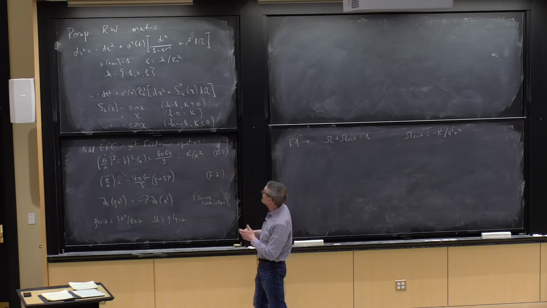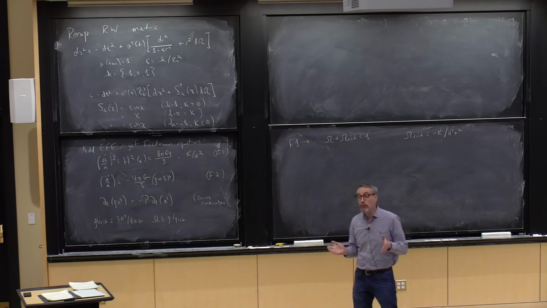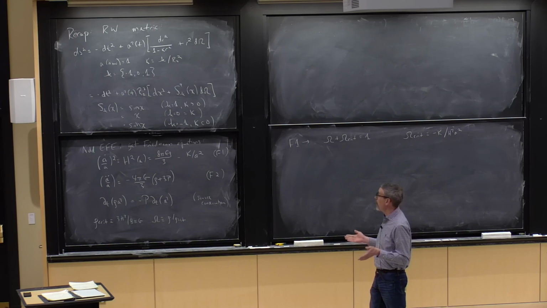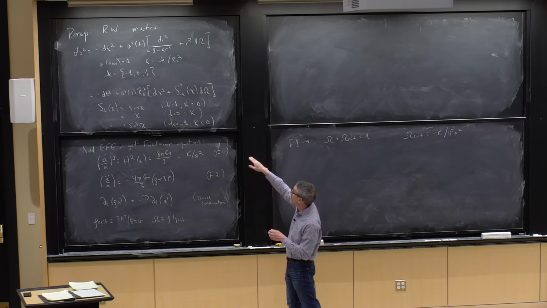A second form of that, which is essentially just a change of variables, is you change your radial coordinate to this parameter chi. Depending on the value of k, the relationship between the radius r and the coordinate chi is as follows.